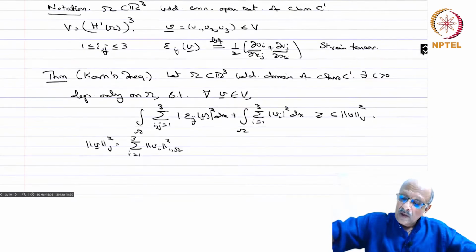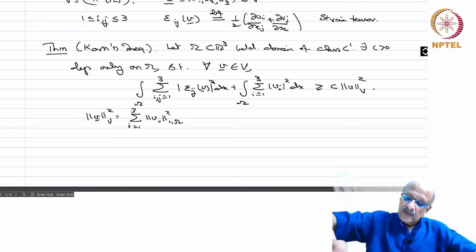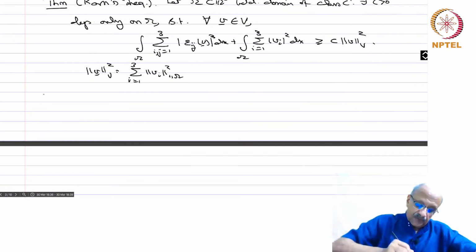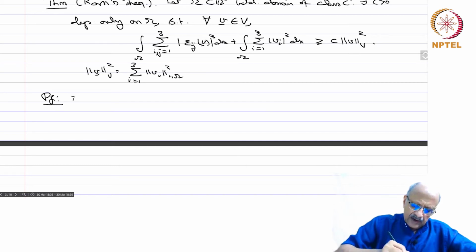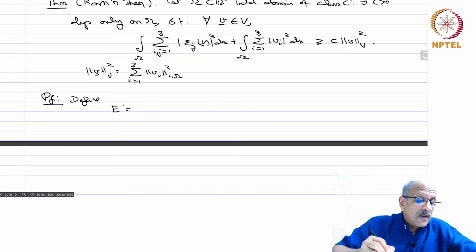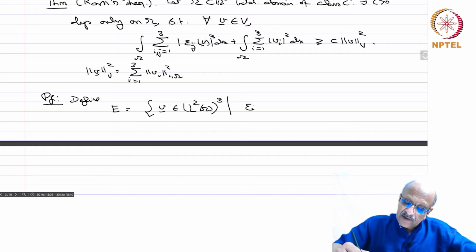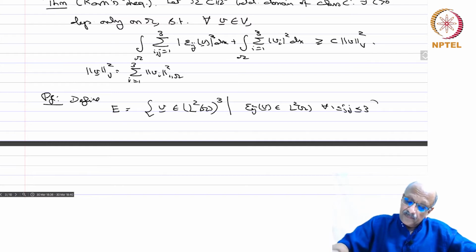In other words, we are saying that, okay, we will come to that. So, proof. Define E to be the set of all v in L2 of Omega cubed such that epsilon ij of v belongs to L2 of Omega for all 1 ≤ i, j ≤ 3.